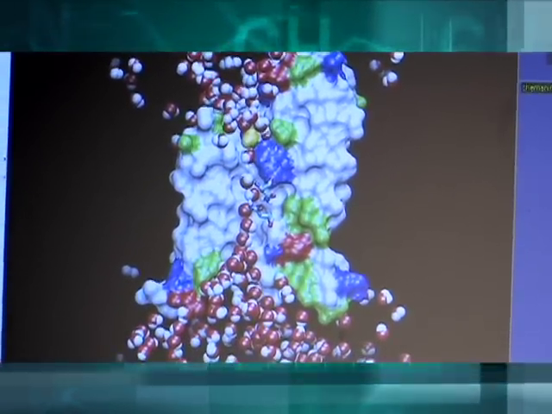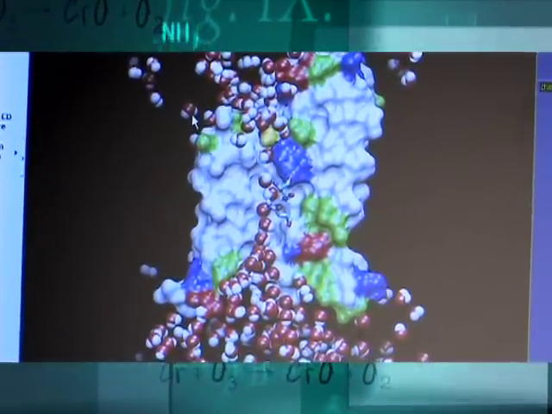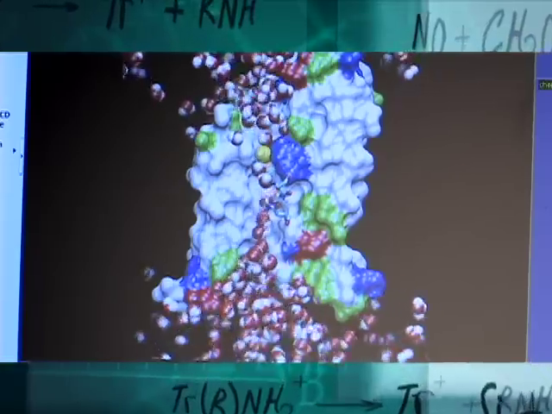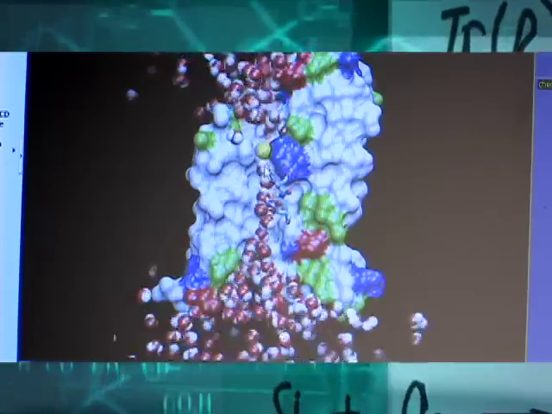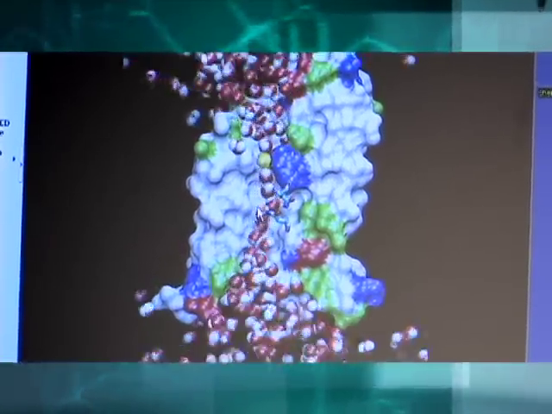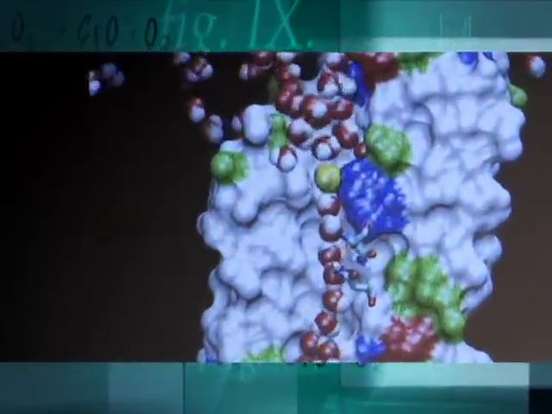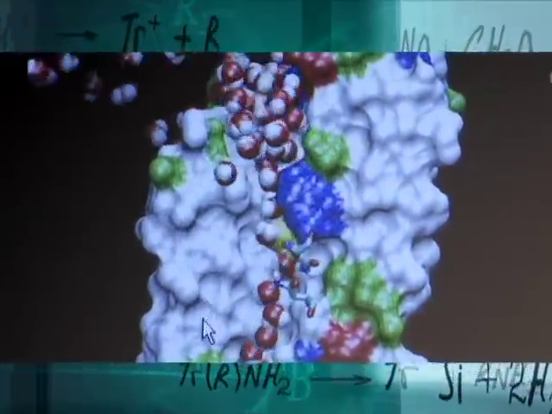The oxygen is red and each hydrogen is gray. I'm going to start the animation. If you follow this yellow marker right here, you can see that things are eventually moving down. Each molecule approaches here and then travels down the pore.